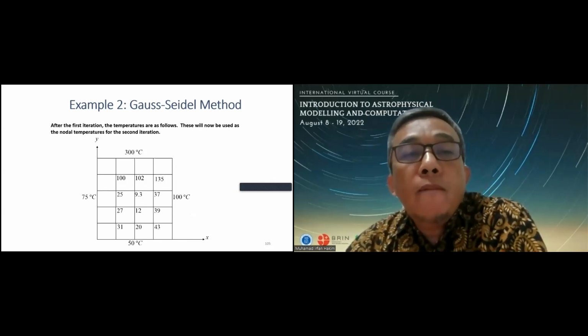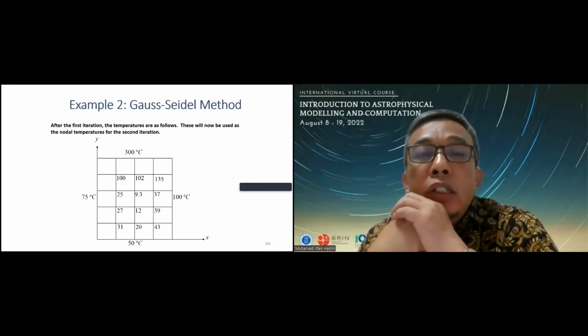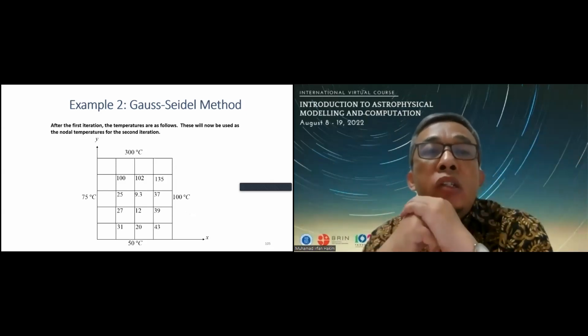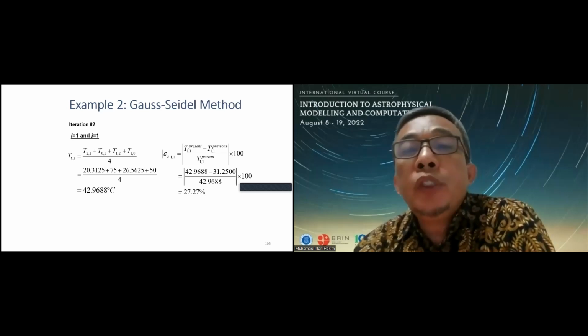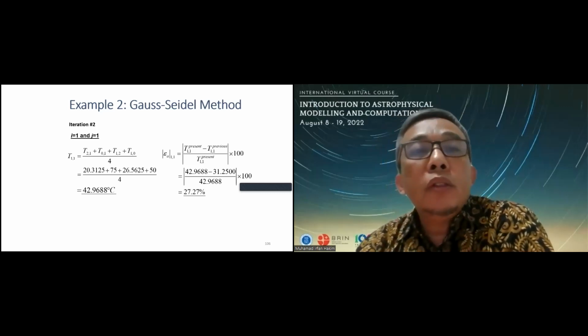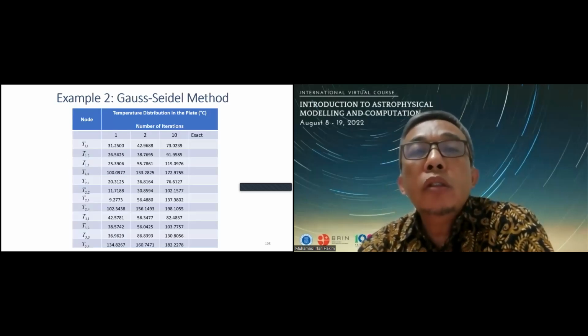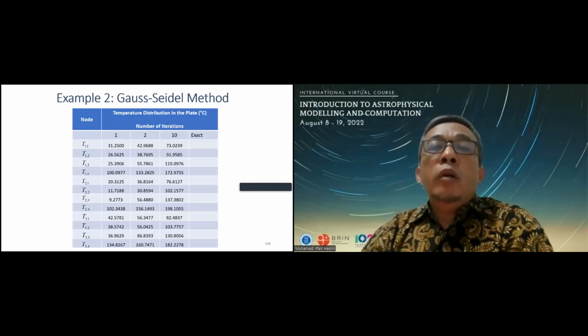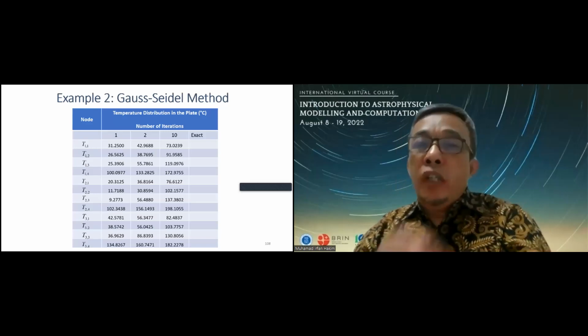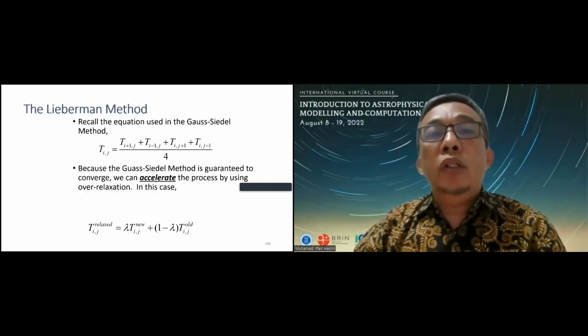These are all values of internal nodes, including the boundary condition, after the first iteration. This is the temperature distribution using the Gauss-Seidel method.